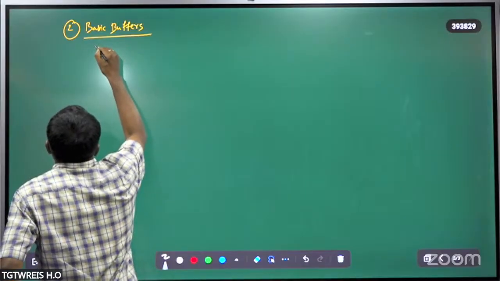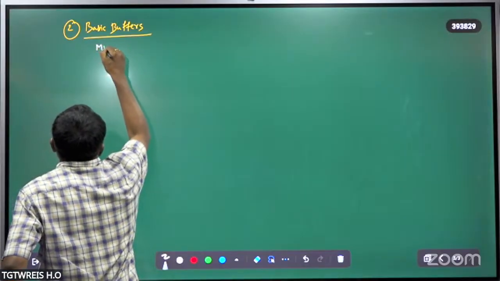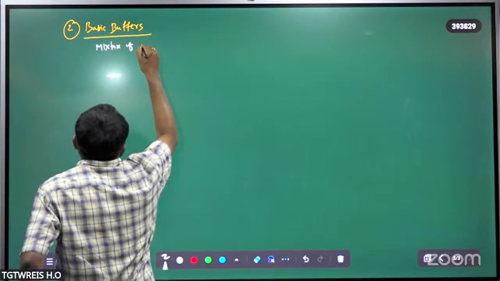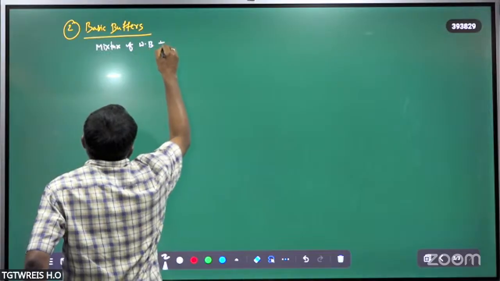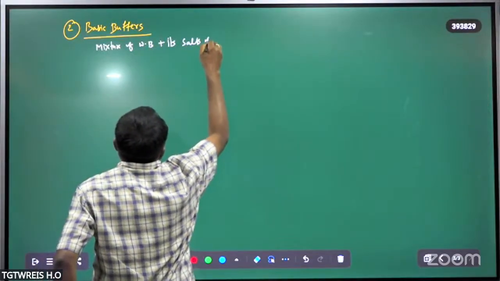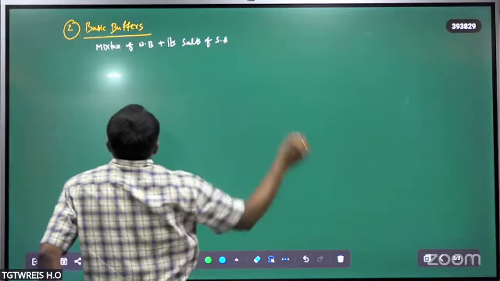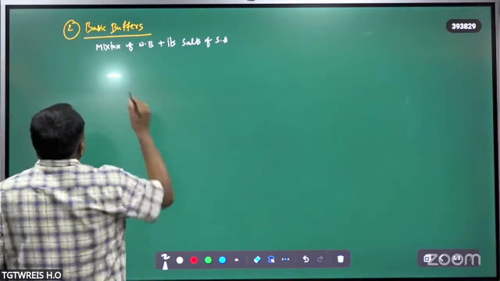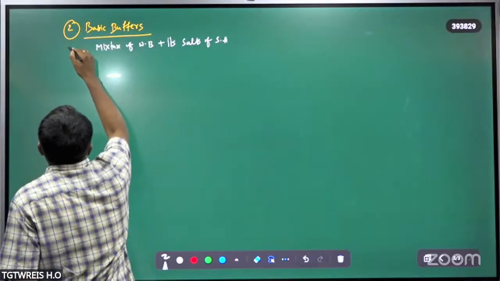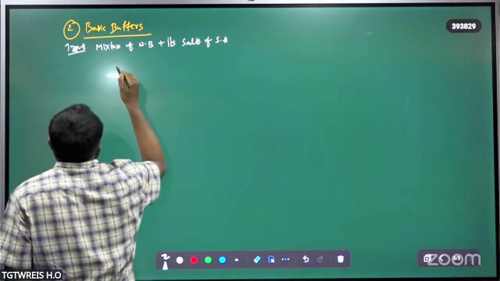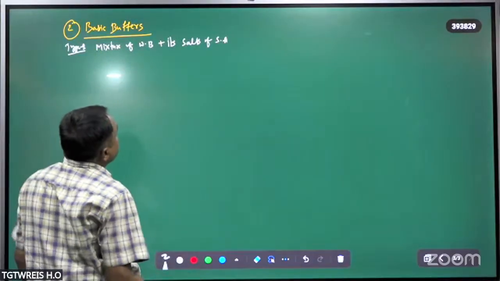A mixture of weak bases and its salts of strong acids. So this is the type 1: a mixture of weak base and its salt of strong acid.